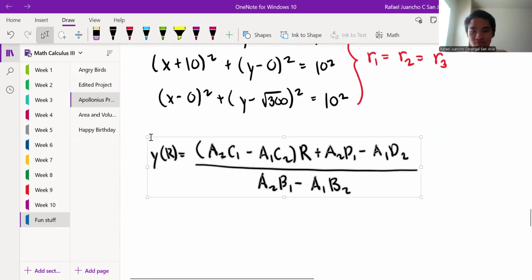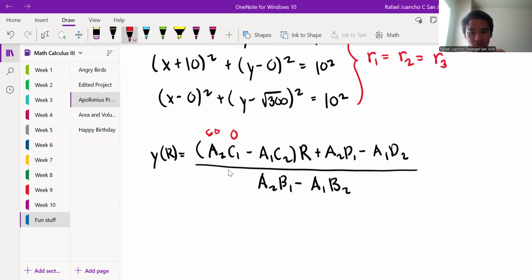So just to quickly solve this thing, my A2, if I look at my Desmos, because I think I was able to solve that. Okay, my A2 is 60. C1 is 0, so this is nothing.